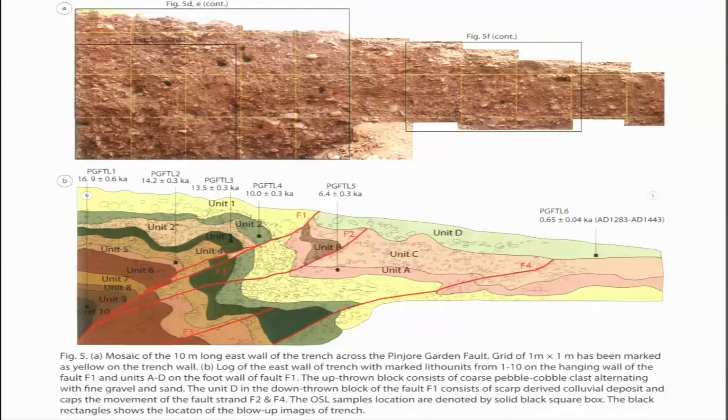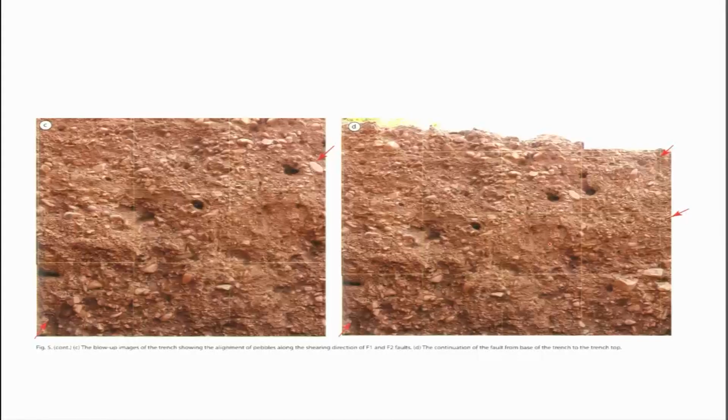So we bracketed the event because there were some problems related to the top unit, but in short, what we are interested in here is to identify the deformation pattern and try to bracket the events.